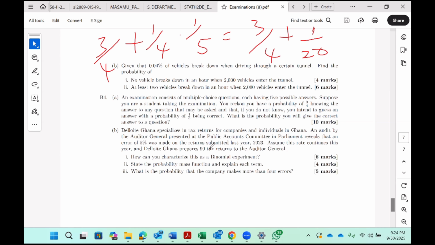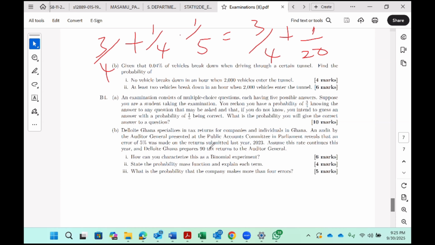Assuming this rate continues this year, and Deloitte Ghana prepares 90 tax returns for the Auditor General, how can you characterize this as a binomial experiment?